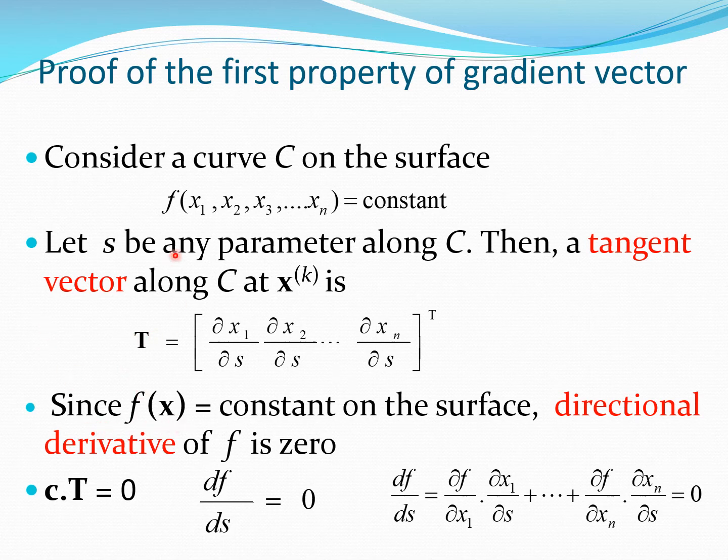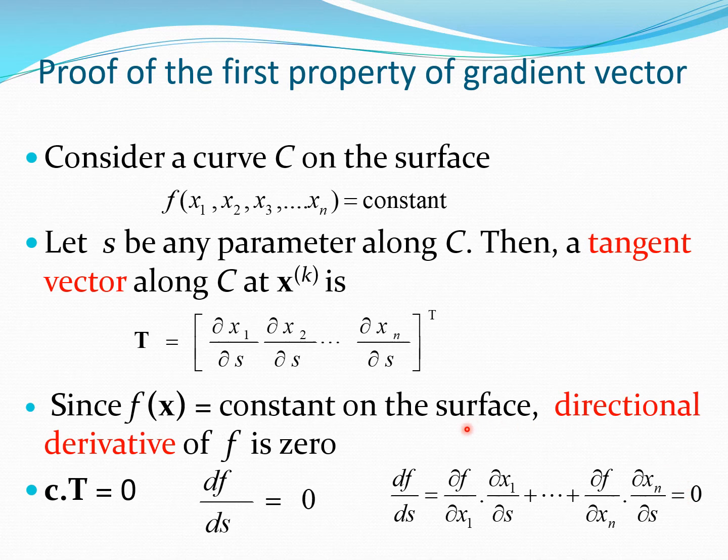Now we see that f of x is constant on the surface, and therefore the directional derivative of f is going to be 0. So df by ds is equal to 0, and I can write df by ds using the chain rule as df by dx1 into dx1 by ds plus similar terms with x2, x3 and so on, all the way to df by dxn into dxn by ds.